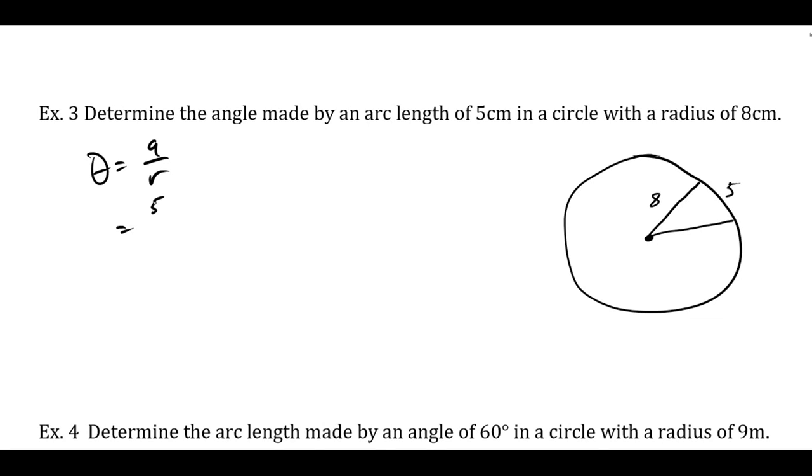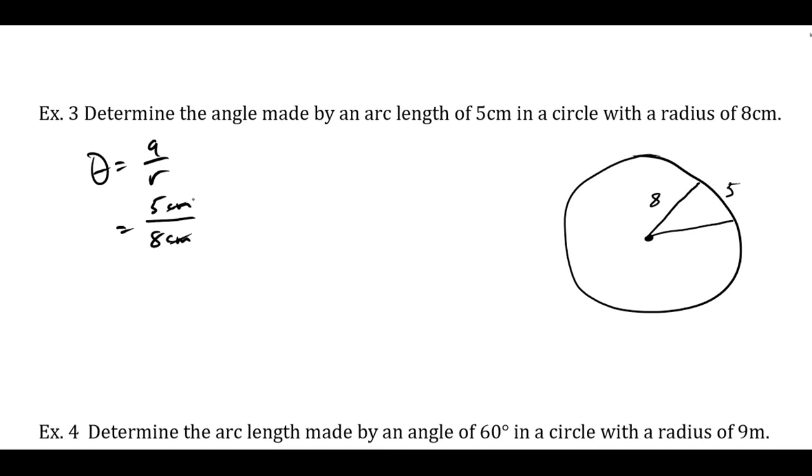So that's 5 centimeters divided by 8 centimeters. We don't have to write the centimeters every time, but it reminds us that it's unitless, because it's a ratio and the centimeters cancel out. There's no pi in that.